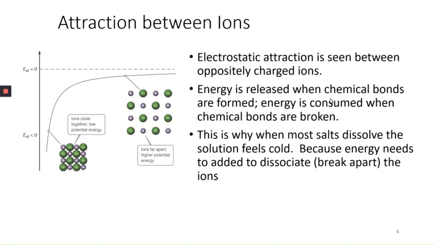When they come together, when they're forming bonds, you're going to release energy. And the sign of that is negative, releasing energy. Okay? But energy is consumed when chemical bonds are broken. So over here I'm trying to separate, so I have to put energy in, so it's becoming more positive. That's why this is coming up.